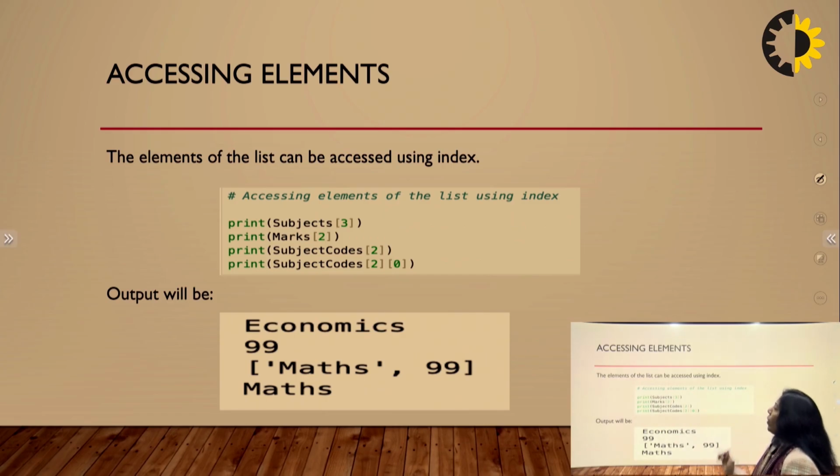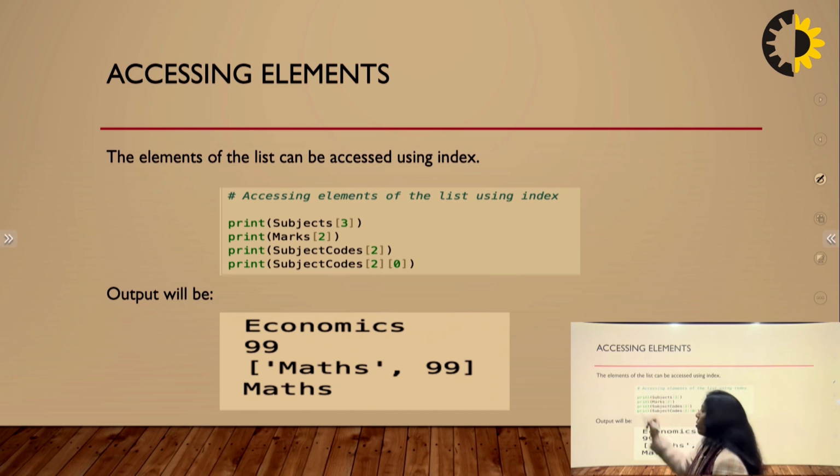Now, how are we going to access the values of the list? For this, we should be aware that the list is accessed by indexing. Just like the string, here also the indexing is followed. This indexing is either positive or negative.